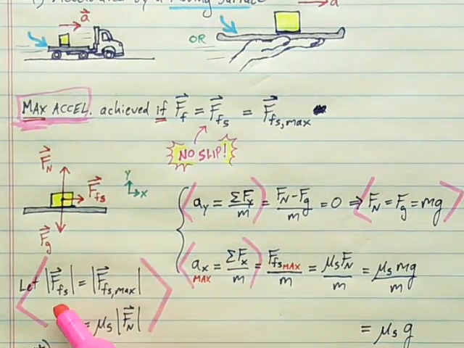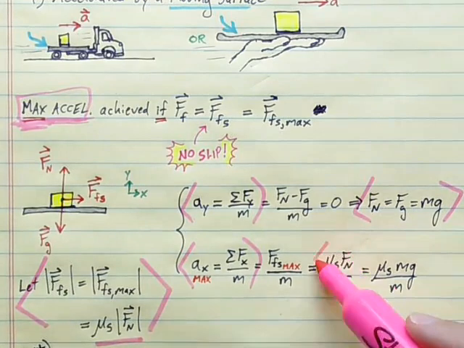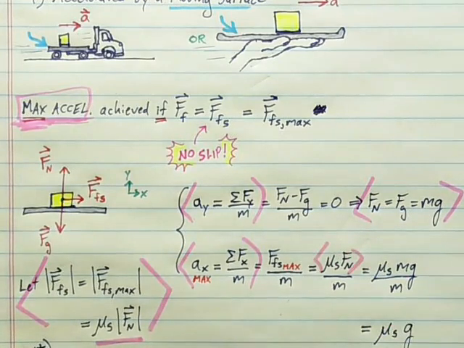We want static friction to be maxed out as strong as possible, and this is the expression for the maximum value of static friction, mu s times the normal force. State that, then show it plugged in here.